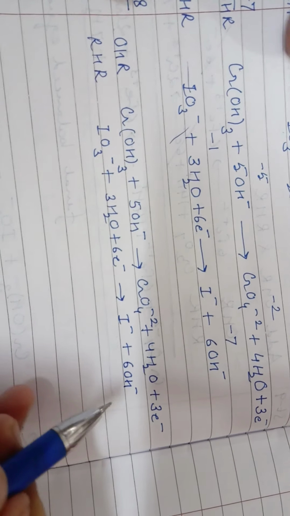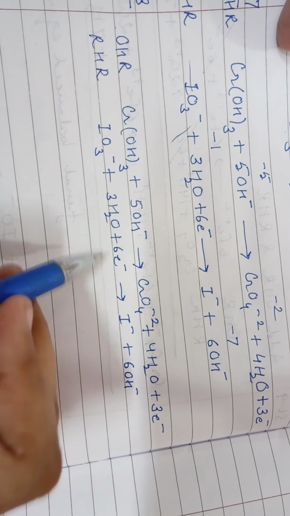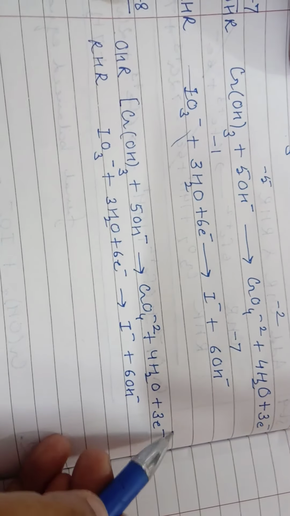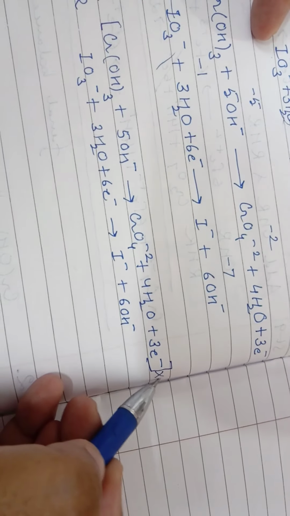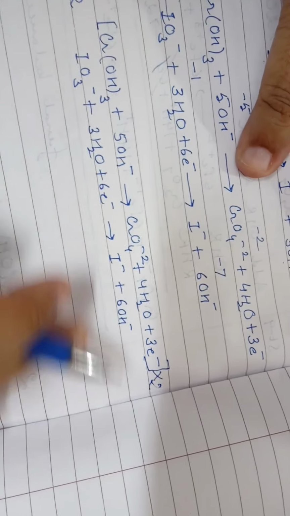Now you can see number of electrons are not equal. Here we have 3 electrons, here we have 6 electrons. So we will multiply the OHR by 2.